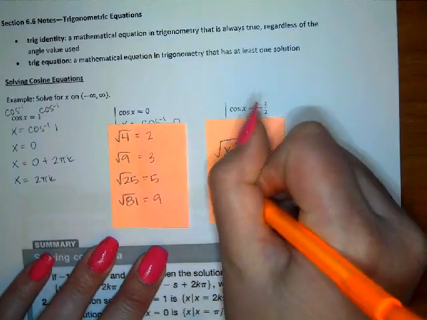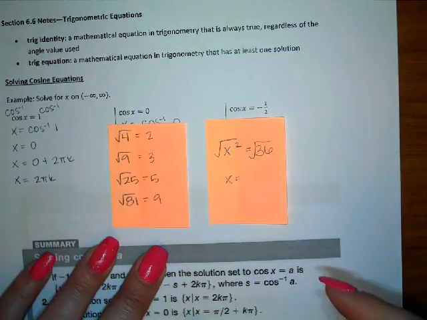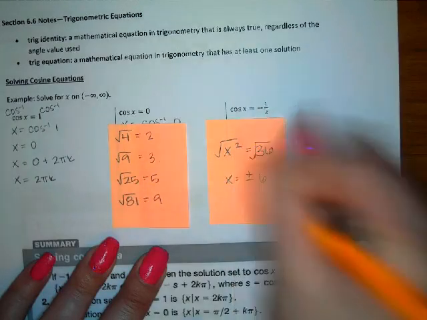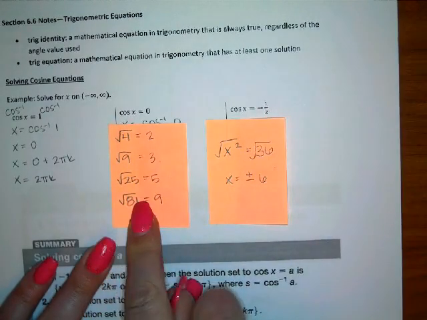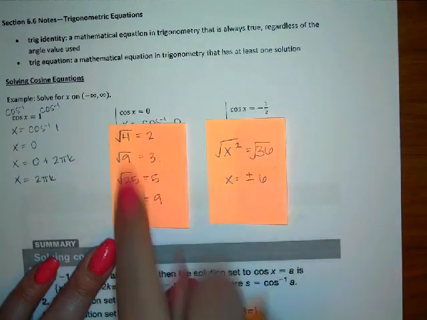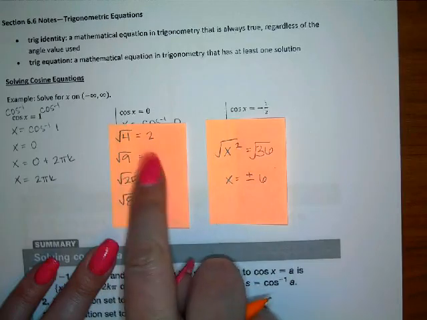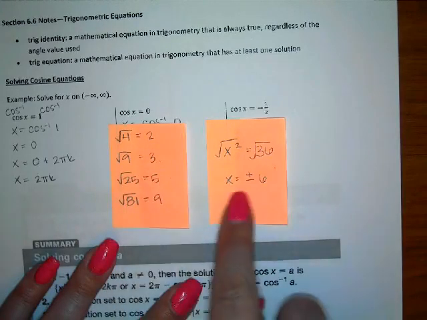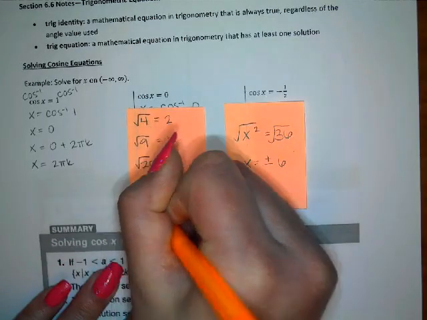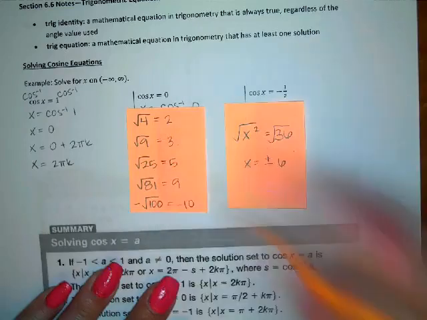On the right side, since I'm the one who introduced the square root into the problem, I need to say plus or minus 6. If the square root is already written on the paper, and they have positive square root 4, then they want the positive version. If they have positive square root 9, they want 3. If they wanted the negative version, they would have said give me negative square root 100, and then they would have wanted negative 10.